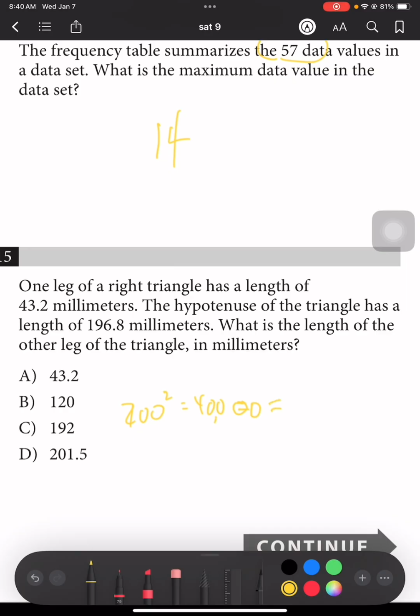Equal to 43 squared. I'm just going to call it 40 squared. What's 40 squared? 1600. 1600, yeah. Okay. So it's close to 196 then. So it's D.